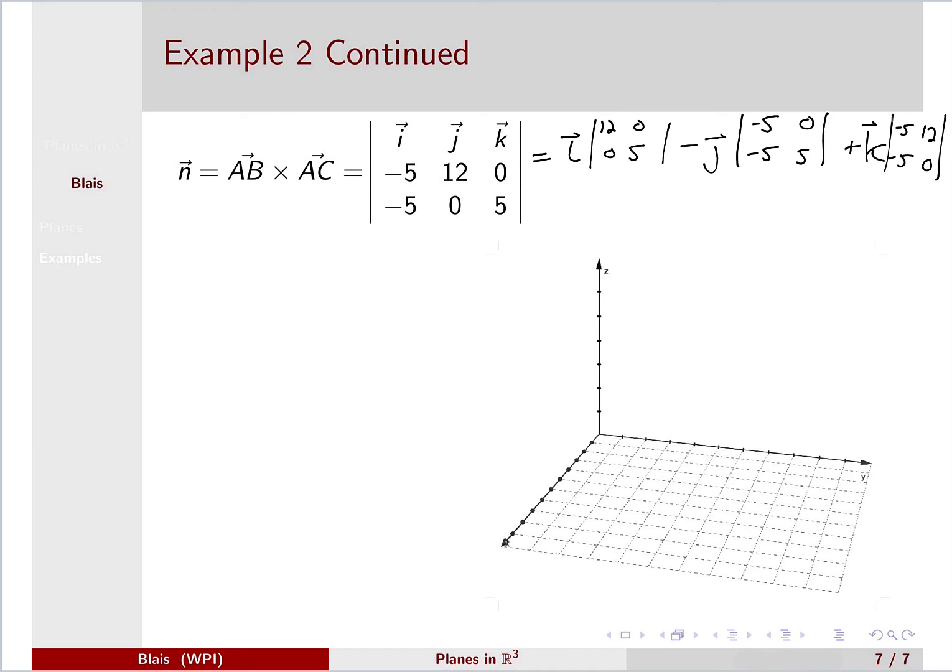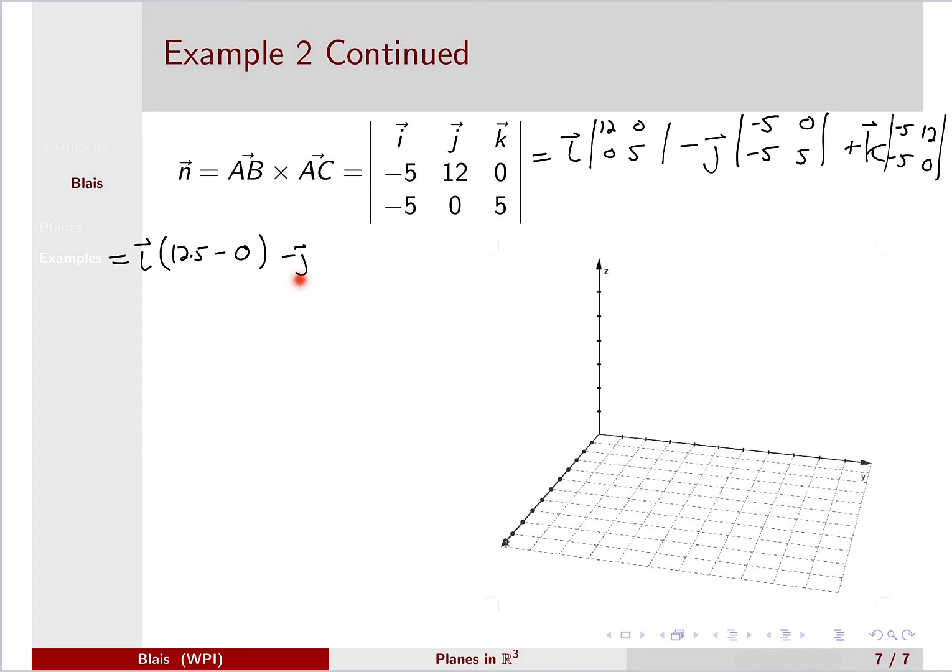And now, to evaluate each 2 by 2, recall that you do this by multiplying top left times bottom right. So that first one would be 12 times 5 minus the product of top right times bottom left, 0 in this case.